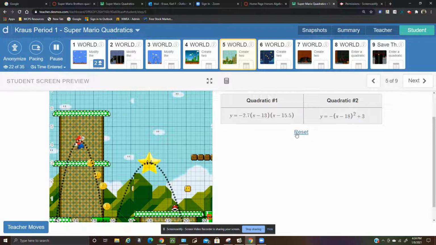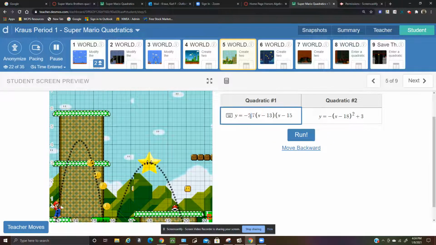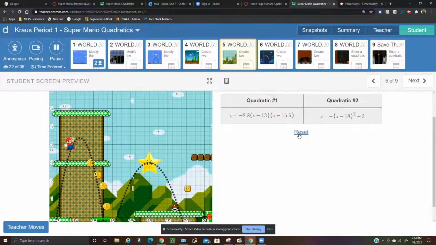I missed one coin there. Might have to resort to the vertex form here. Let's try the vertex form.